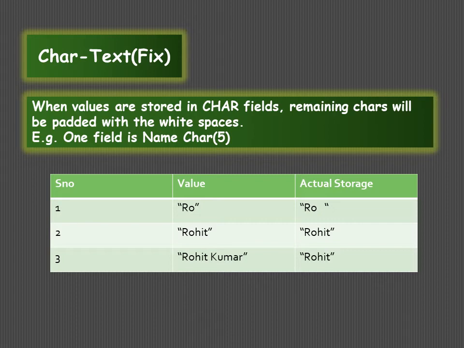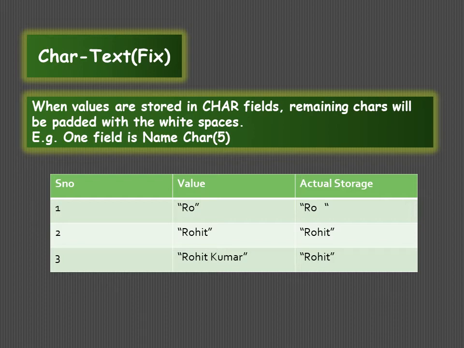You can see in this table that RO is the first value, and the length specified by us is 5. We have a field name for which we have specified length 5. What is the actual value we are going to store? That is RO, which consists of 2 characters.